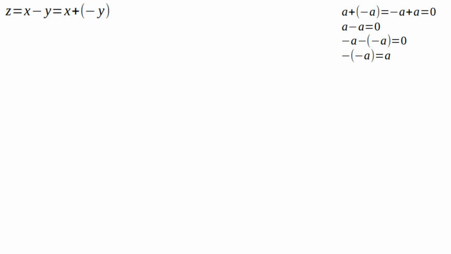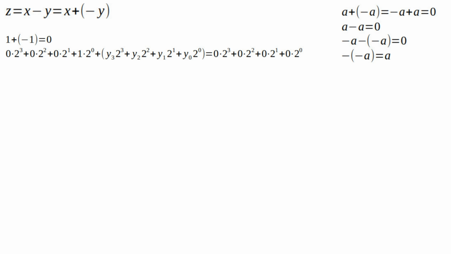First we look for the bit pattern for -1. We write the equation to solve. With our previous knowledge, we can now calculate the values from y0 to y3. You can stop the video and try it yourself.